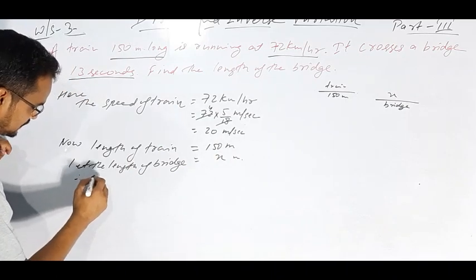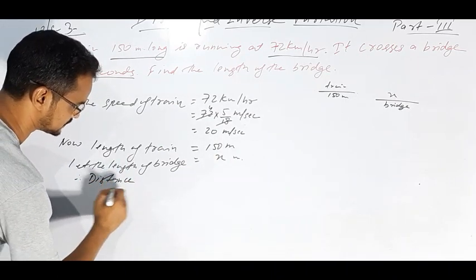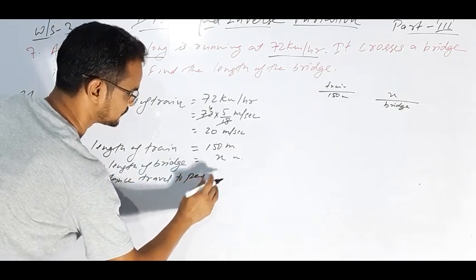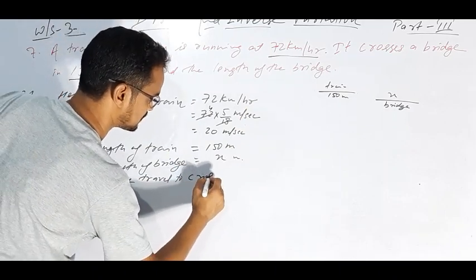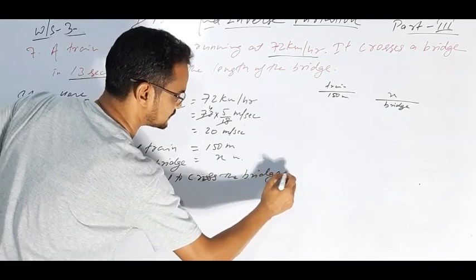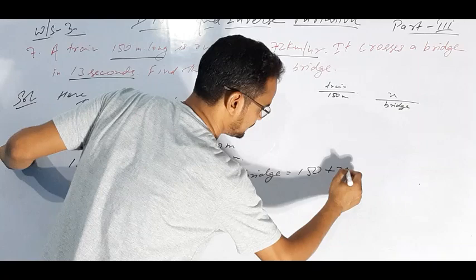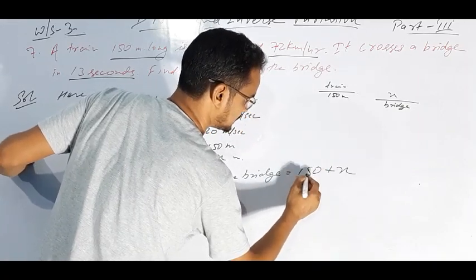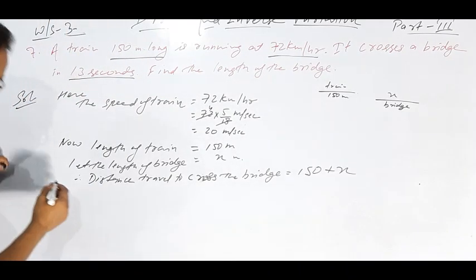So the distance travelled to cross the bridge is equal to the sum of the lengths of the bridge and the train.